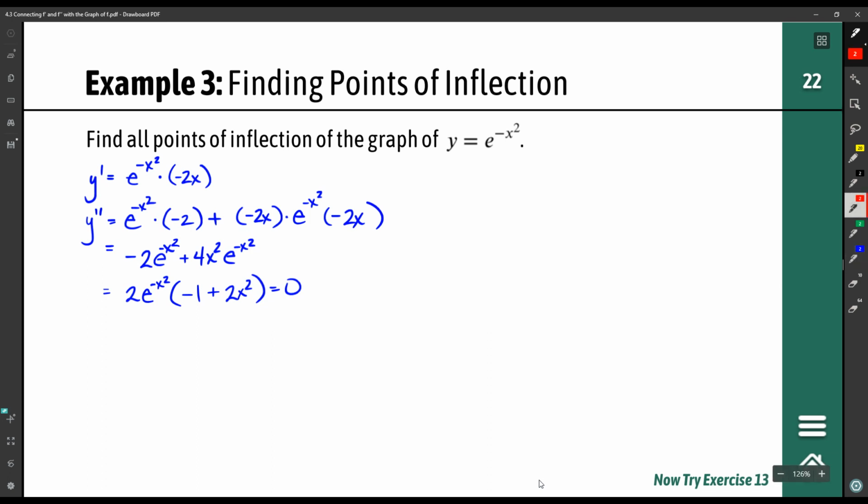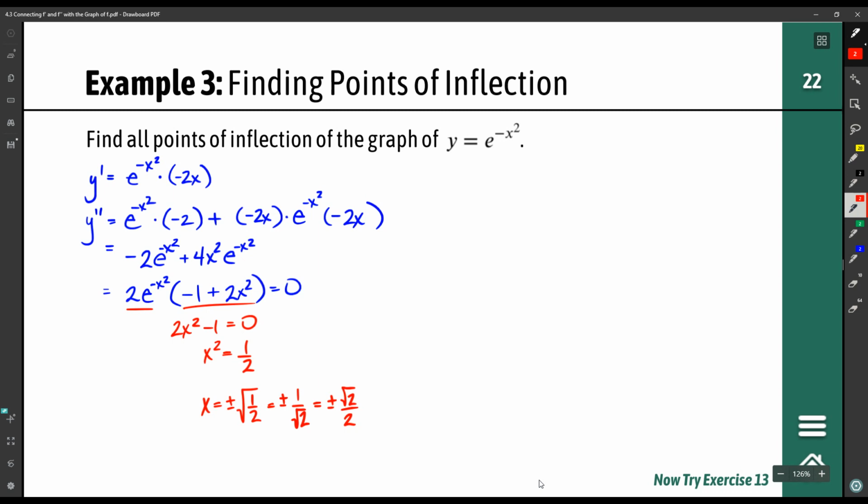Well, the first factor cannot equal 0 because e to the negative x squared is never 0. The second factor can. We're going to write that as 2x squared minus 1 equals 0. That's going to lead us to x squared equals 1/2, and that's going to then give us x values of plus or minus the square root of 1 over 2, or plus or minus 1 over root 2, or plus or minus root 2 over 2.